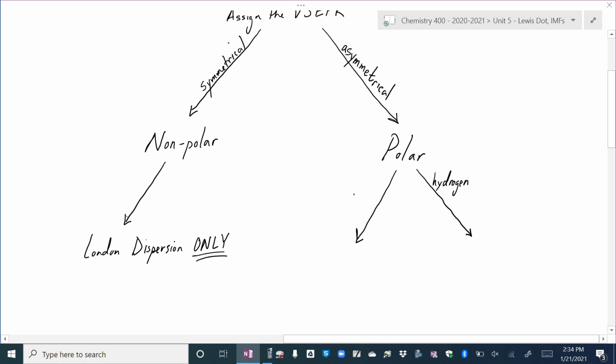If there is no hydrogen on it, or the hydrogen is not connected to a fluorine, an oxygen, or nitrogen, then that molecule has London dispersion forces and dipole-dipole attraction only. Because it's polar, it has dipole-dipole attraction, but it doesn't have a hydrogen attached to a fluorine, oxygen, or nitrogen.